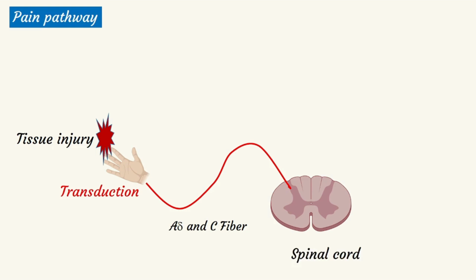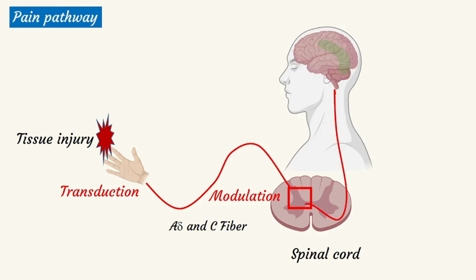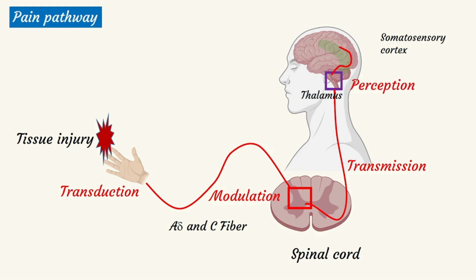Then the second step is modulation on the spinal cord, which then goes to the ascending pathway to the brain, and information is also passed to the thalamus, and that process is known as transmission. Once the pain message is transmitted to the thalamus, the thalamus transmits it to the somatosensory cortex, and pain is felt in the brain. That perception is the fourth step of this process.